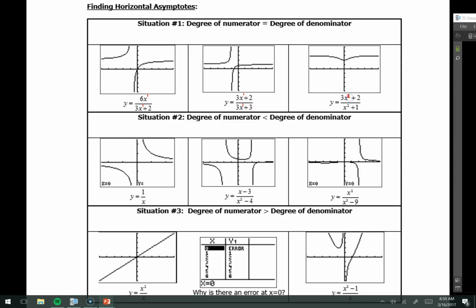In this last one, you have a degree of 2 in the numerator and a degree of 2 in the denominator.